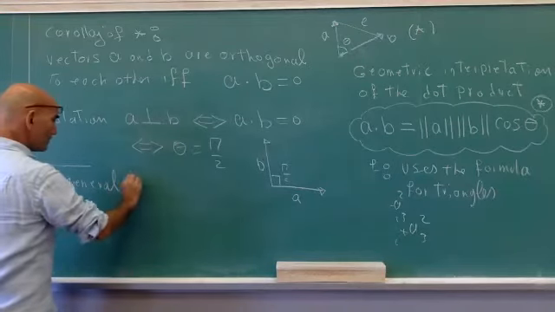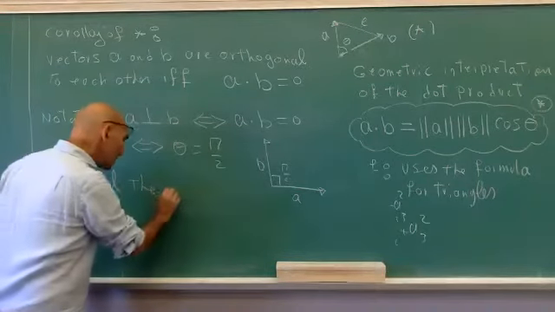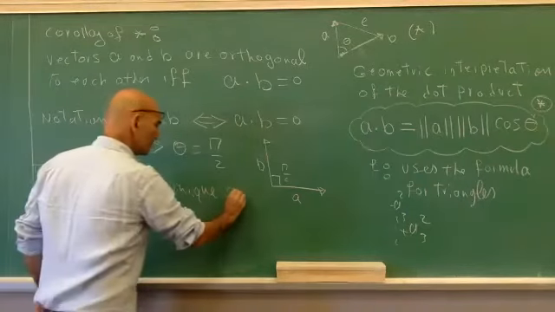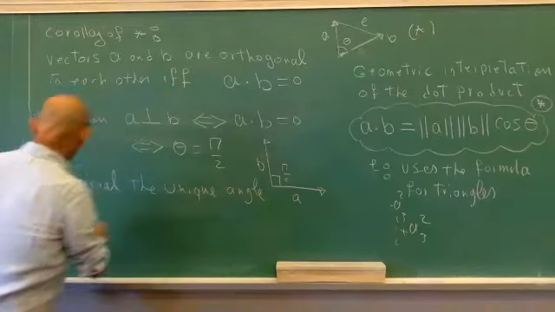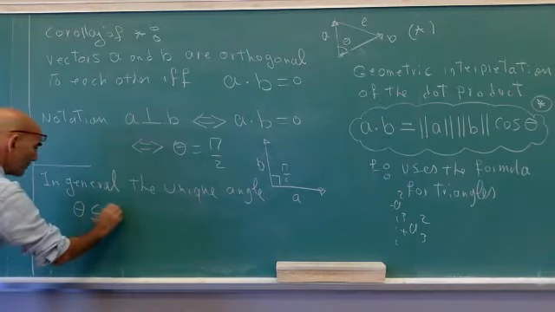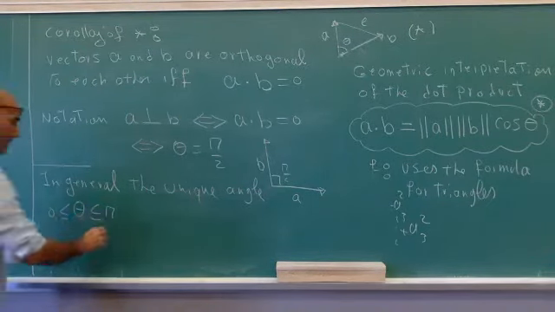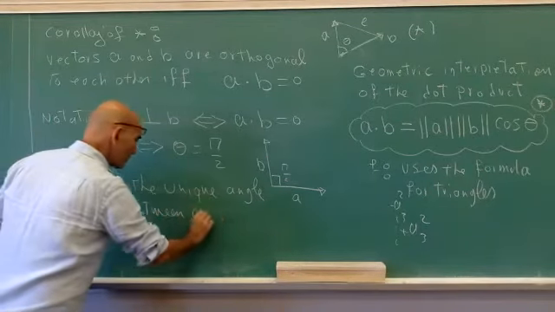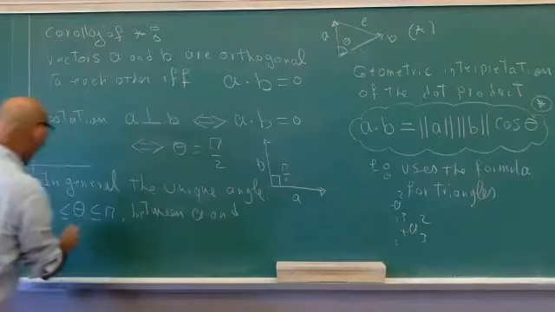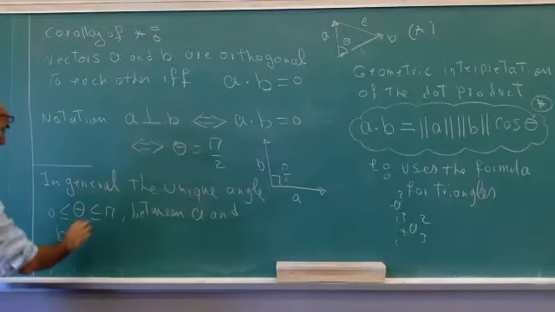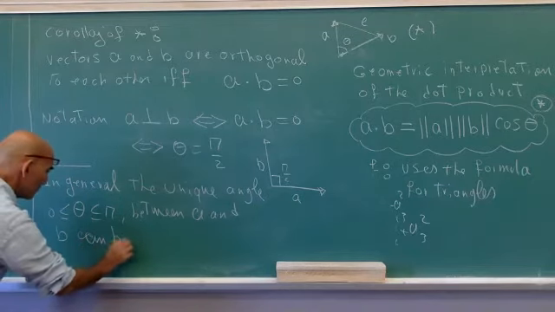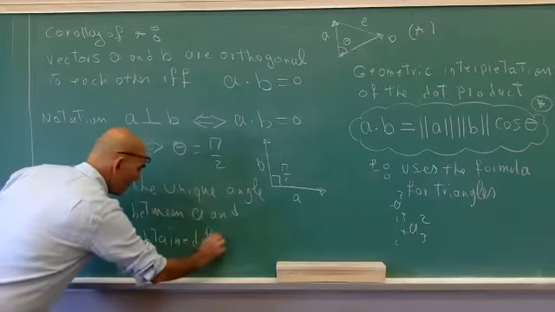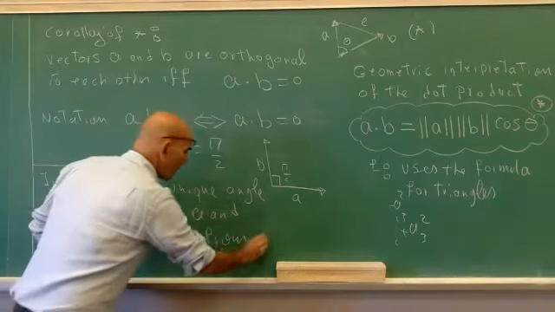the angle, so I would say the unique, I will explain what I mean. The unique angle, theta, between pi and 0, between A and B, can be obtained from a star.